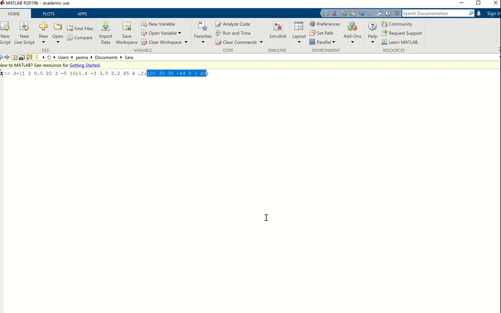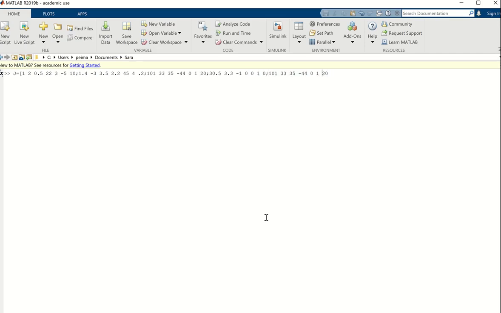The fourth row is going to be 30.5, 3.3, minus 1, 0, 0, 1, and 0.